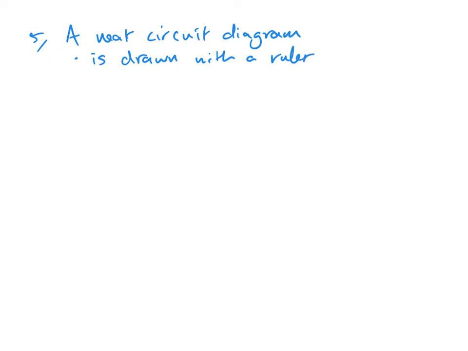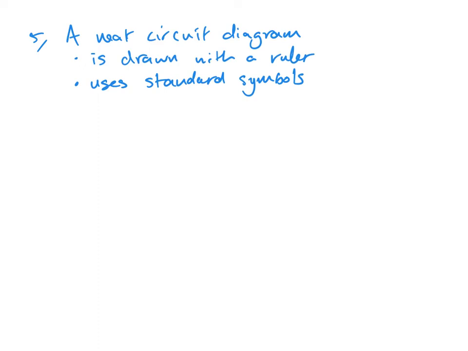Ideally a ruler, at the very worst, a straight edge. Two, uses standard symbols, so the ones that we've just introduced. So we don't try and draw what the battery pack looks like.